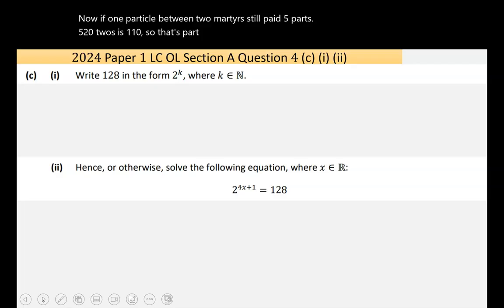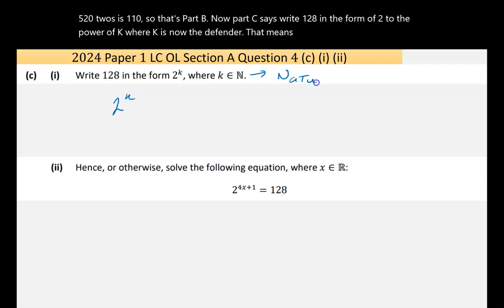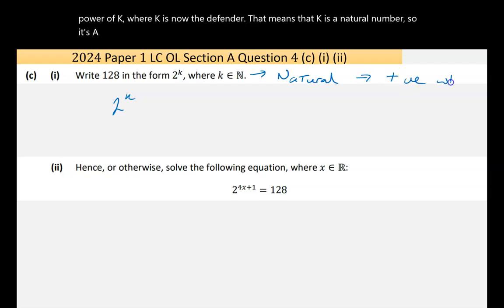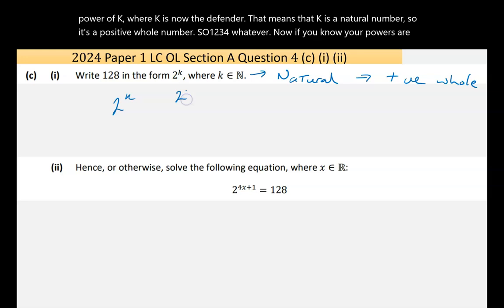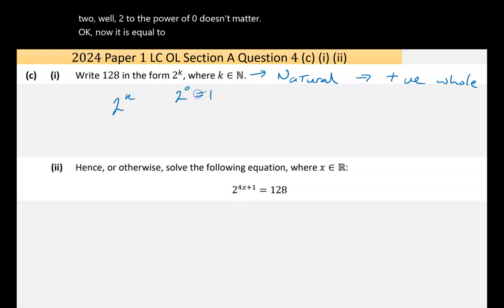Now, part C says write 128 in the form of 2 to the power of k, where k is an element of N. That means k is a natural number, so a positive whole number: 1, 2, 3, 4, whatever. If you know your powers of 2, well, 2 to the power of 0 is equal to 1, but 0 is not a natural number.